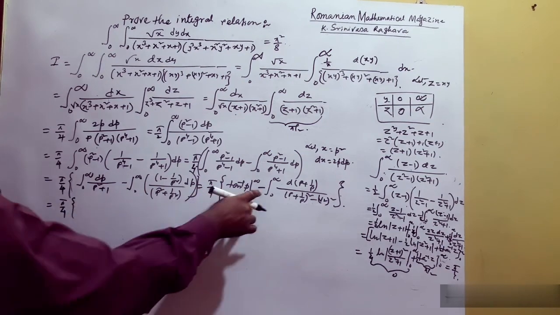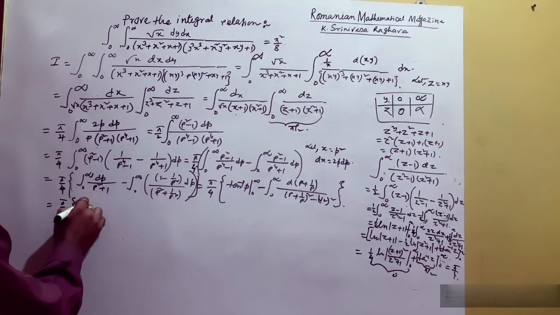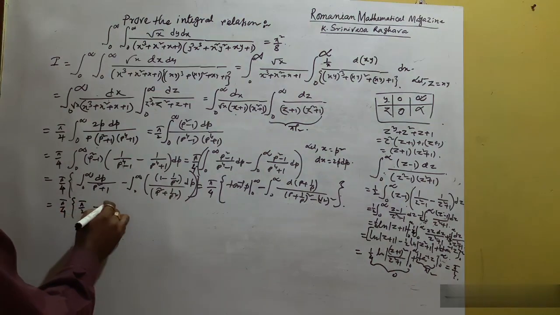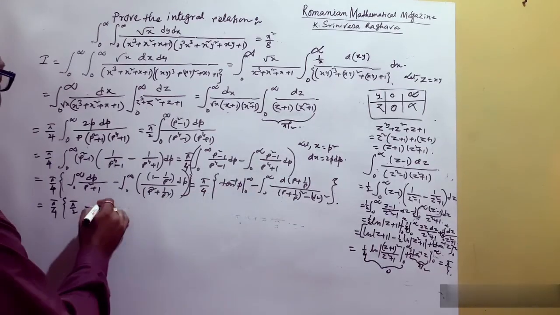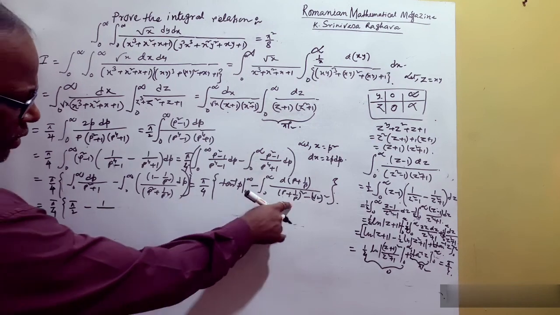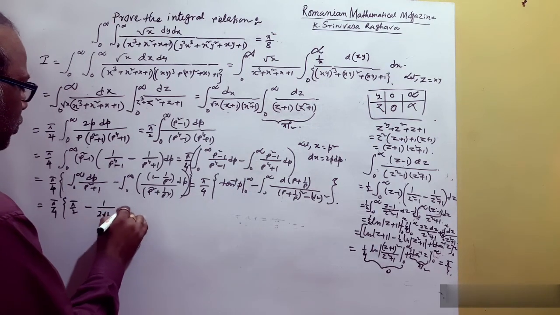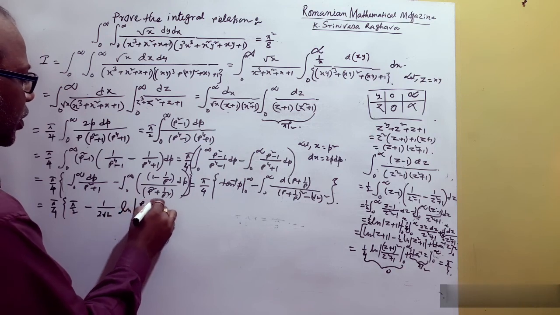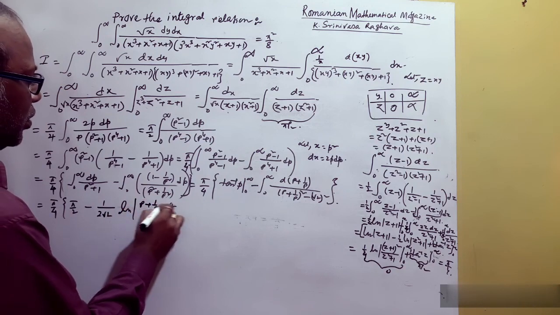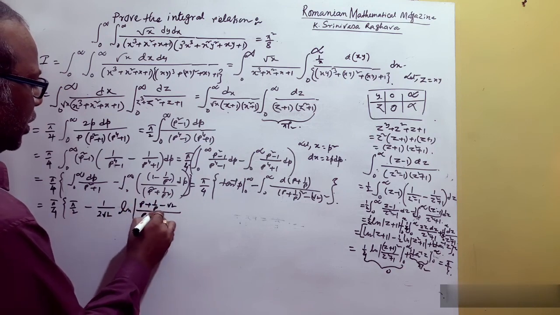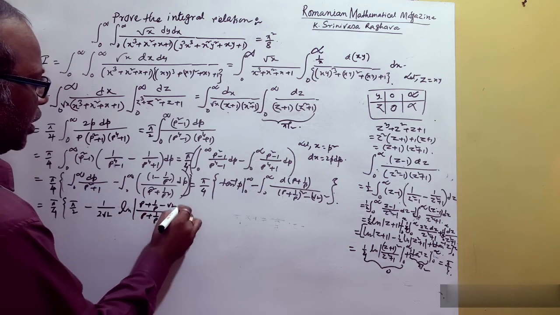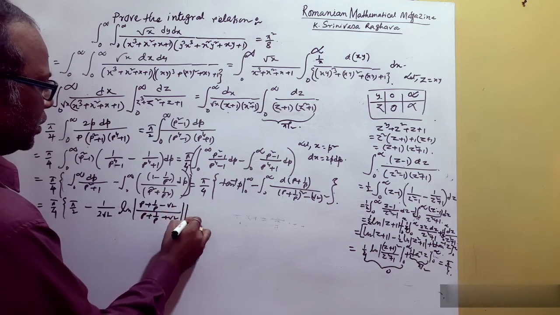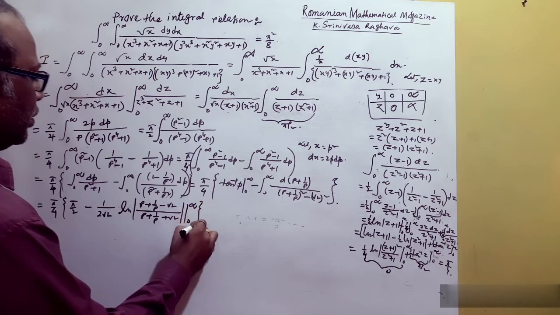Okay, now put infinity, then we get pi by 2 minus 1 by, the integral result is 2 root 2 ln within the bracket p plus 1 by p minus root 2 over p plus 1 by p plus root 2, and this is 0 to infinity.